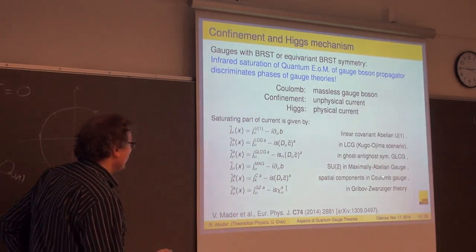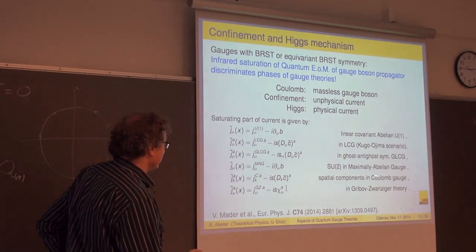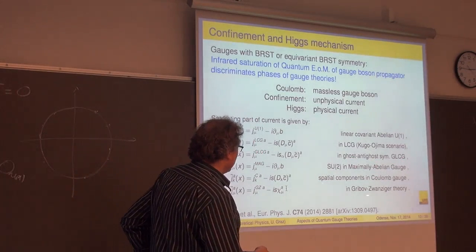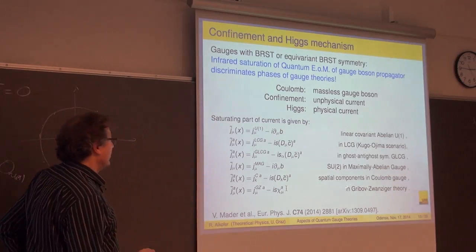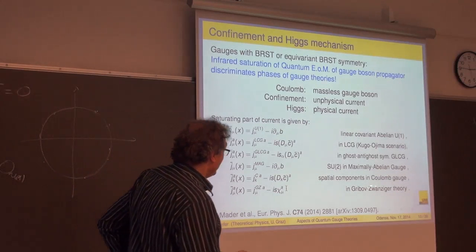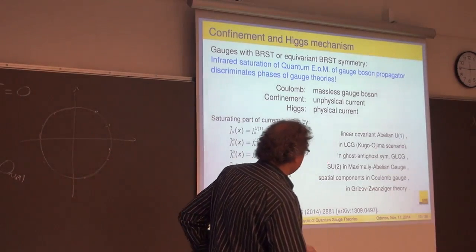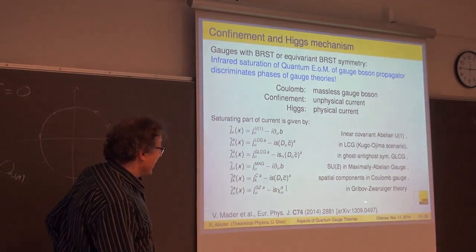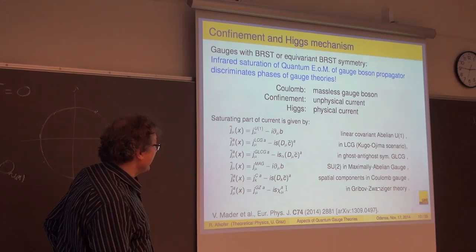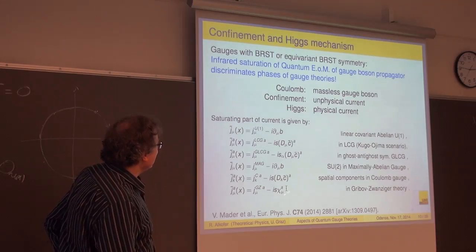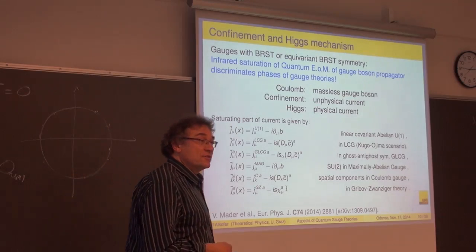We looked at the Coulomb gauge where the spatial components do exactly what's expected, and then we looked at something called Gribov-Zwanziger theory, where you put the restriction to the first Gribov horizon into the theory by constraint.